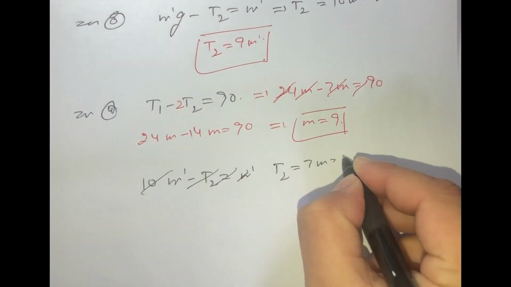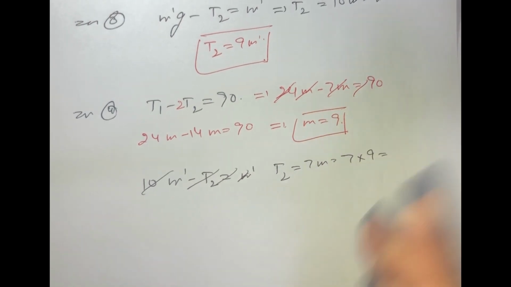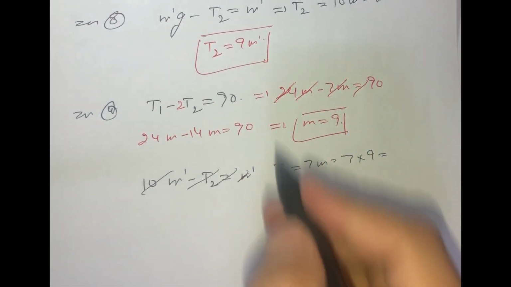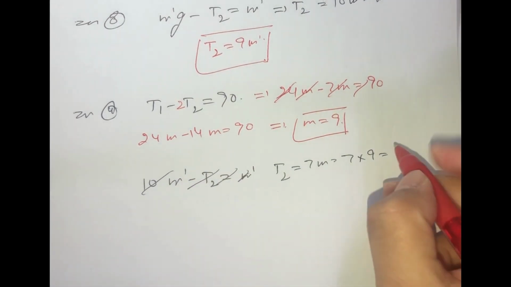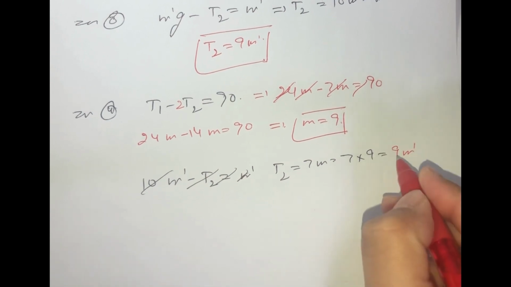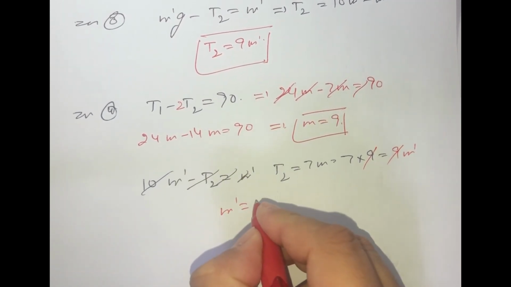So we know that T2 is 7m, that is 7 multiplied by 9, and T2 is also 9m prime, so we can write this as equal to 9m prime. 9 goes with 9, so we get m prime as 7.